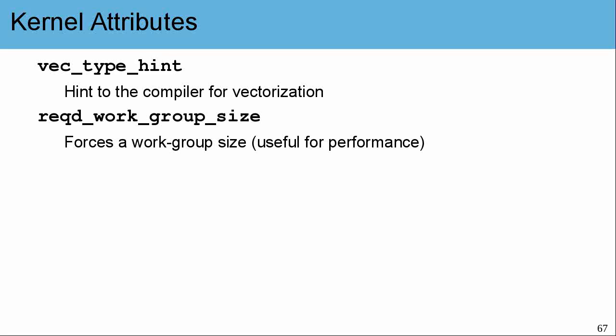There's a couple other attributes by the way, but these are the two most important, and the other is the required workgroup size. This forces the workgroup size, and this is very useful for performance. You are going to see me use this in every single kernel I write that I'm attempting to get top speed.